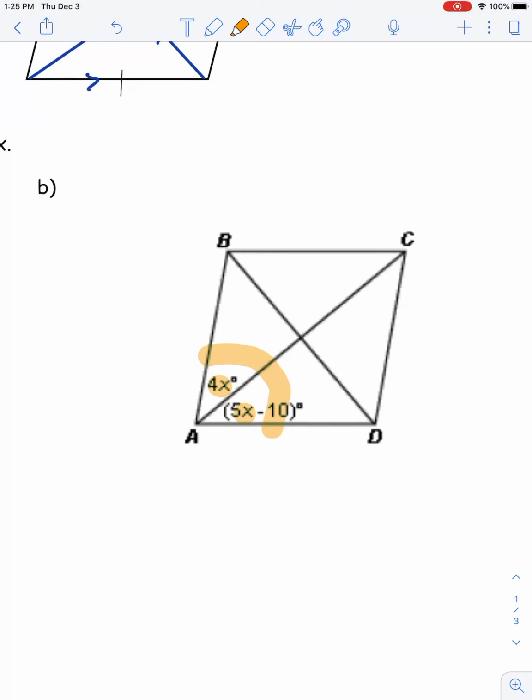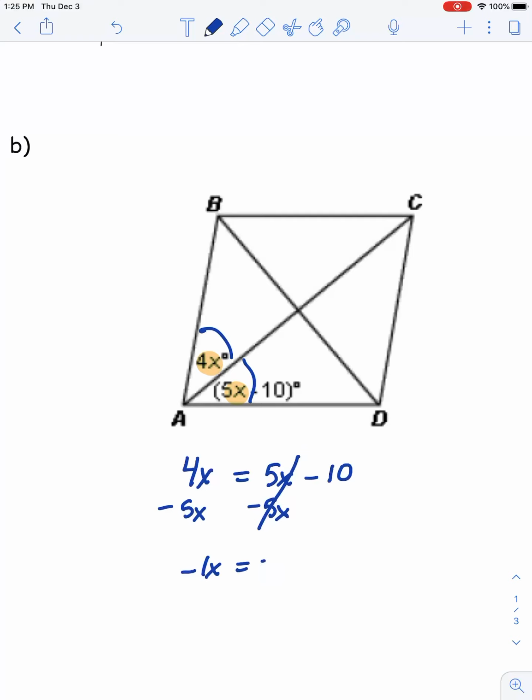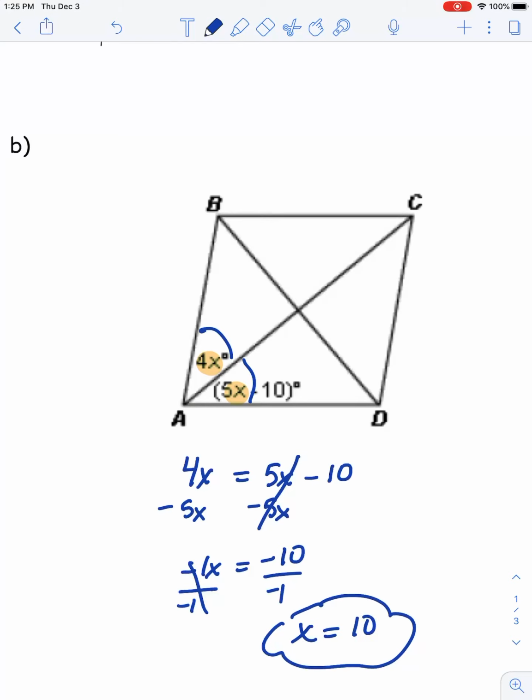So that angle is being bisected, meaning that 4x equals 5x minus 10. Solving for x, I'm going to subtract 5x from both sides to get negative 1x equals negative 10. Then I divide both sides by negative 1, and x is positive 10.